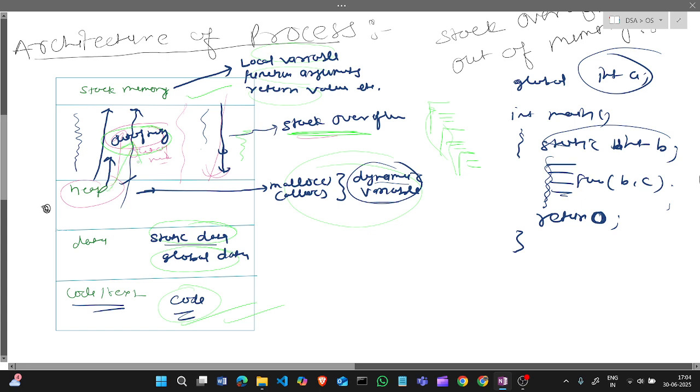When the heap is fully filled. What is stack overflow? When the stack memory uses this space fully. To eliminate out of memory, we deallocate the unnecessary spaces, and to overcome stack overflow, we go back from child to parent processes. So this is the architecture of a process.